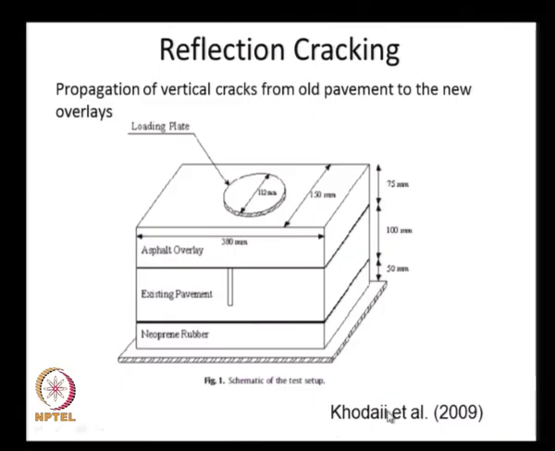In 2009, Kodai et al. published a very nice paper summarizing the laboratory test results from their experiments. They did laboratory tests on asphalt overlays reinforced with geogrid reinforcement, and purposely gave a pre-existing crack of different widths, and rested this on top of a neoprene rubber layer to simulate our flexible base.